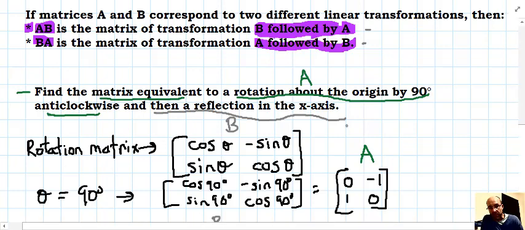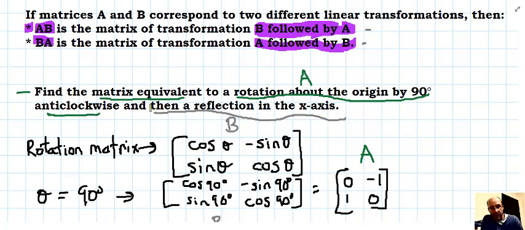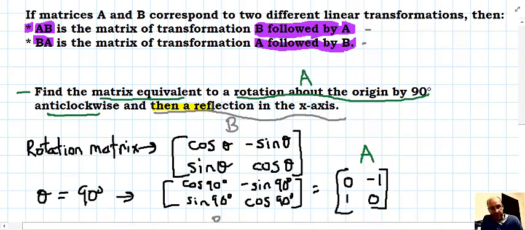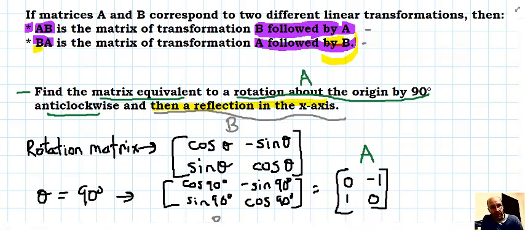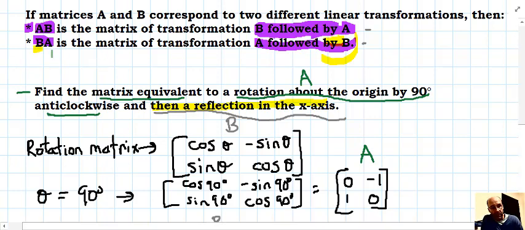And if we look at this one here, the second one listed is the first one that actually happens.